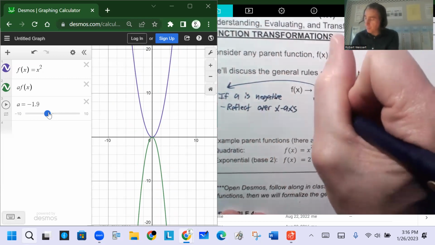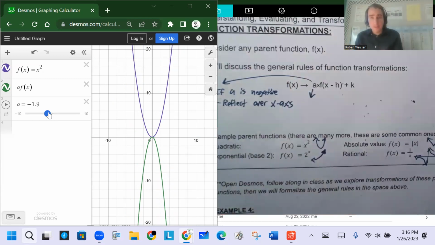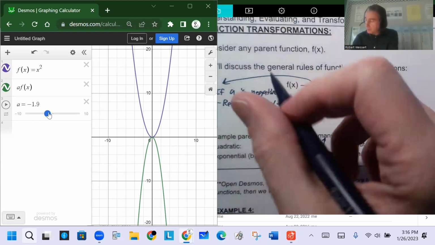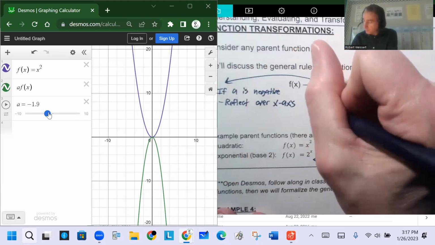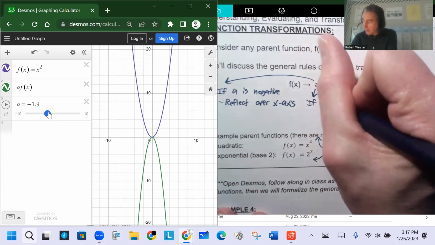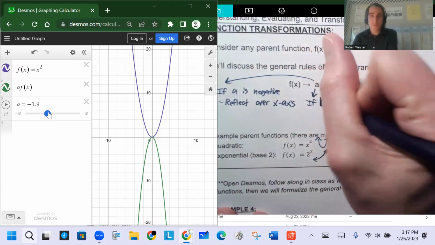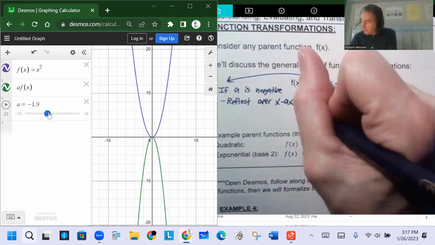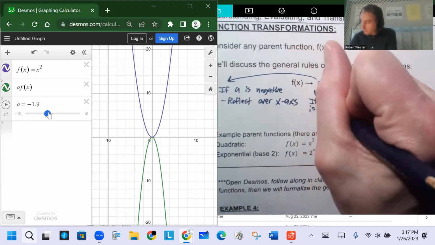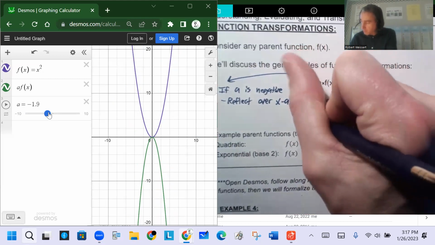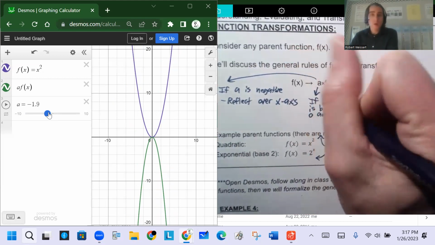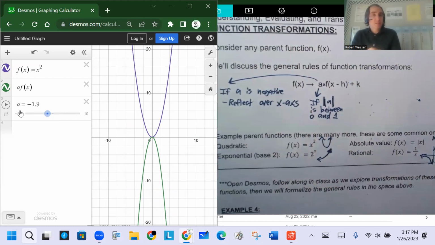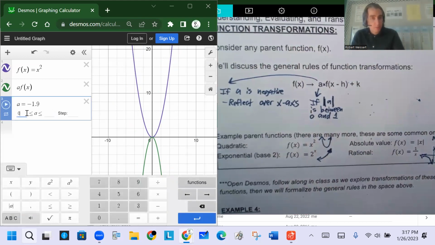If the number in a, ignoring the sign, so if the absolute value of a, absolute value is just the whole positive number, is between 0 and 1, what's going to happen is that's going to compress. So let me put a 0 and a 1 there, and I'll show you how that works.